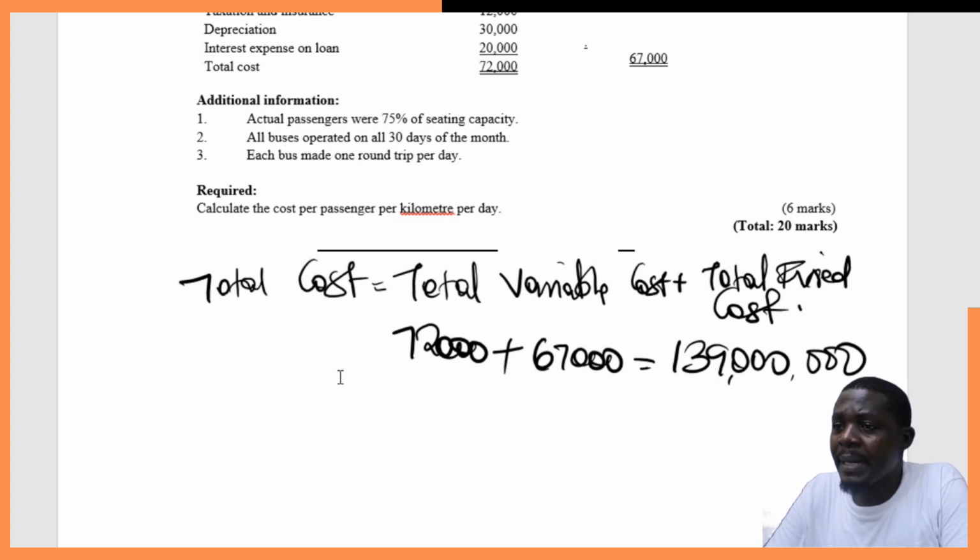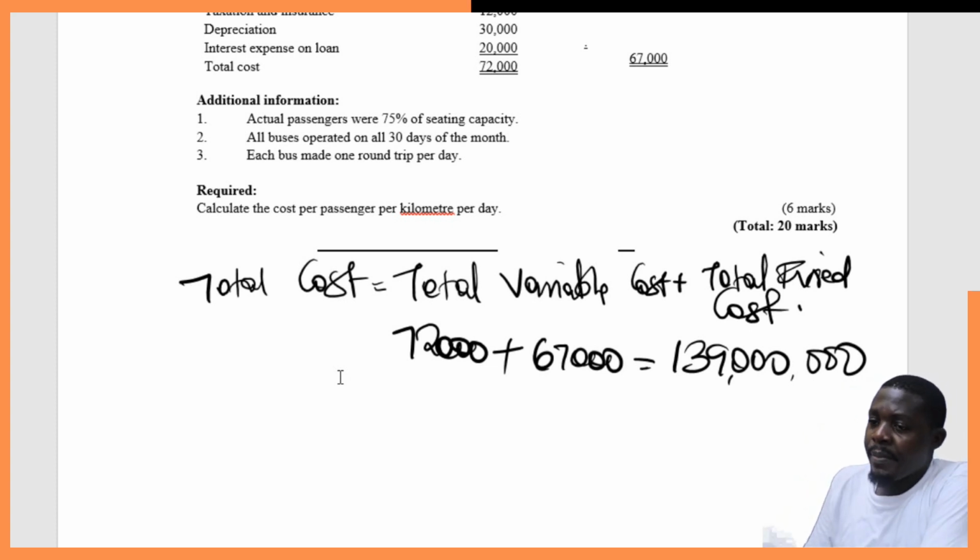Then the passenger per kilometer. We want to determine how all those costs incurred are apportioned to each passenger ferried by this bus.